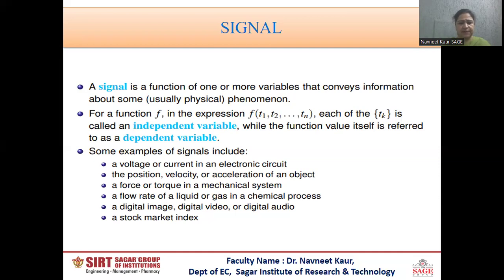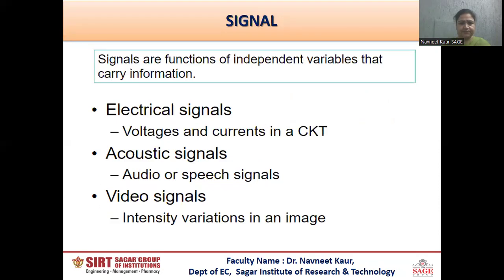Now, some examples of signals which we face in practical life include the voltage or current in an electronic circuit, position, velocity or acceleration of an object, force in a mechanical system, a flow rate of a liquid or gas in a chemical process, a digital image, digital video, digital audio signal, or a stock market index.